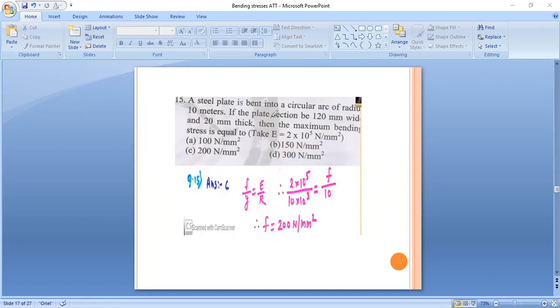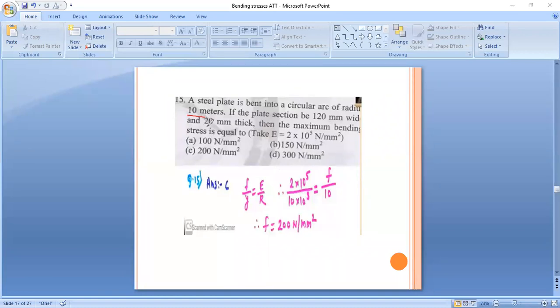So E is given, R is given, Y is given, and you have to find the maximum bending stress. So you have to apply the equation sigma divided by Y, which is equal to E upon R. E is given as 2 into 10 raised to 5 divided by R. Radius is given as 10 meters, so you have to convert into mm. So 10 into 10 raised to 3, which is equal to stress you have to calculate divided by Y.